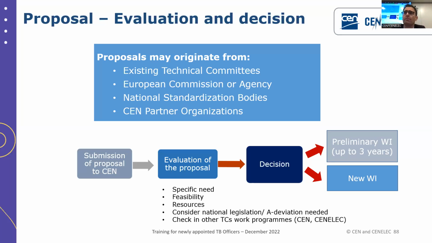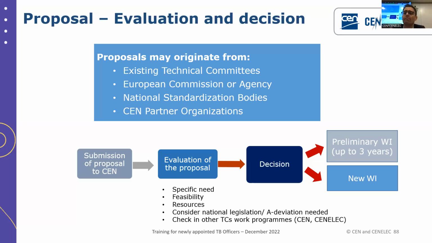So the proposal must be basically evaluated. There should be an assessment whether it's really needed, whether it's possible to develop, whether there are enough resources, both if there are enough experts and if there is the need for financial resources. It's important to look at the national level, in terms of national legislation, in order to assess whether something at national level could impact or potentially conflict with some clauses of the standard.